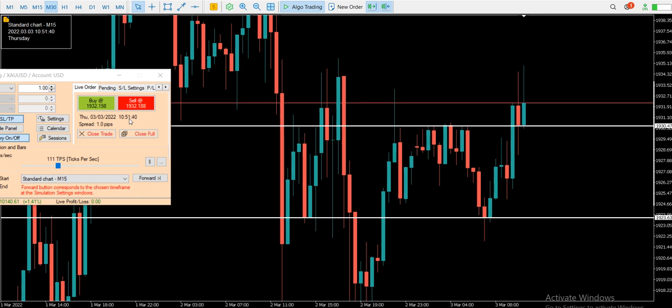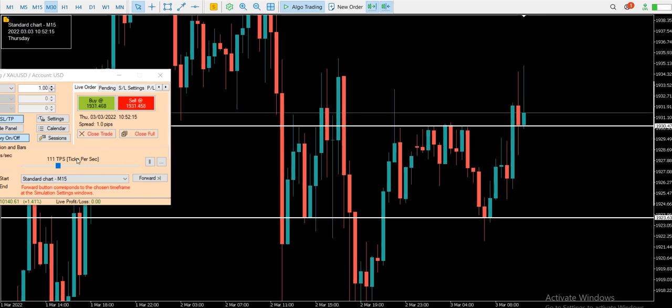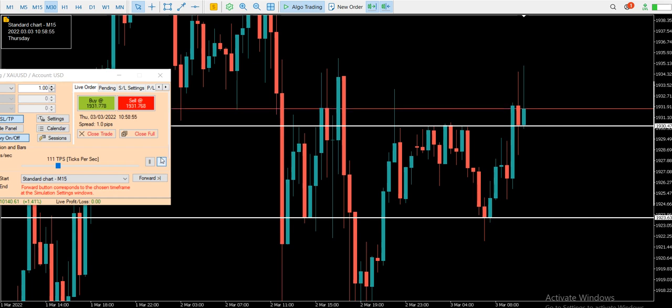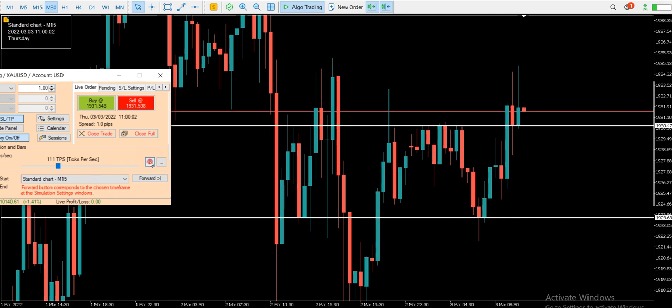We have 9 minutes left, 8 minutes left in candle closure, and okay, so price rejected this level. Price is rejecting, but still we have 5 minutes left. We'll wait to see how this candle closes. We have 1 minute left in candle closure, and this is the impulse entry setup, right?